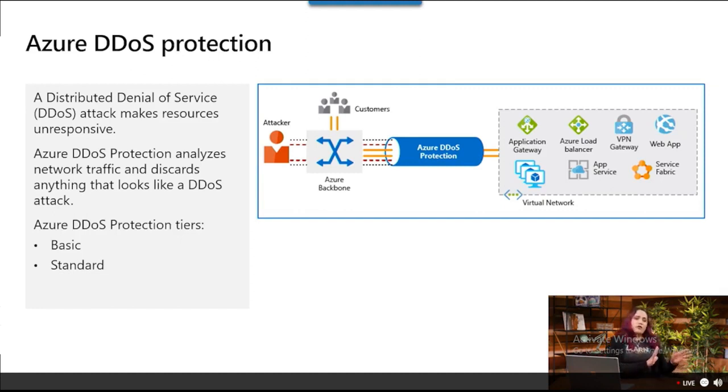This is what we consider the basic tier. But let's say, for example, you needed a more advanced tier, maybe you had some business critical workloads. You can select what we call the standard tier. Now, this one does have a little bit more of a cost associated with it. And unlike the basic tier, it's going to give you extra mitigation and monitoring tools, and that's the reason for the elevated cost.